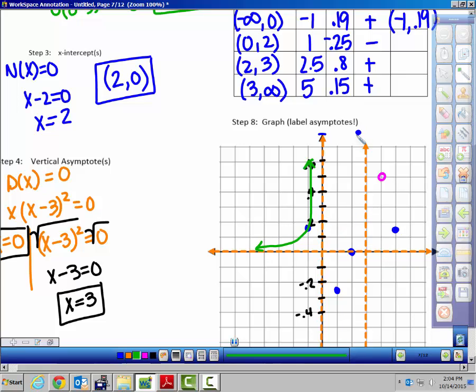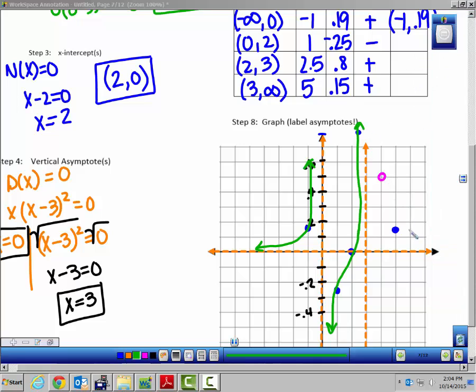And then in between here, we're above the horizontal asymptote, on the horizontal asymptote, and below. So we are actually crossing this horizontal asymptote. And that's not the prettiest curve I've ever seen, but you get the idea. And then both my hole and my point from my test interval chart are in this region created. And that should be a little smoother, but you get the idea.